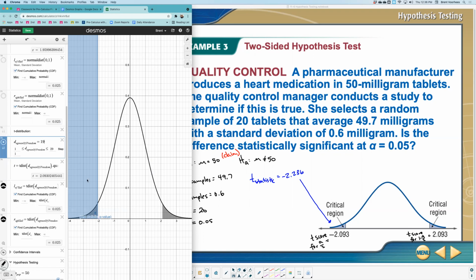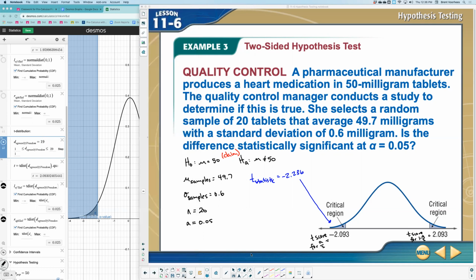This should light up blue if it's ever in the critical region. That's the way I programmed it, just to draw your attention to it. So what we would say is we would reject the null hypothesis or reject the claim, which again, you could rewrite as H0.